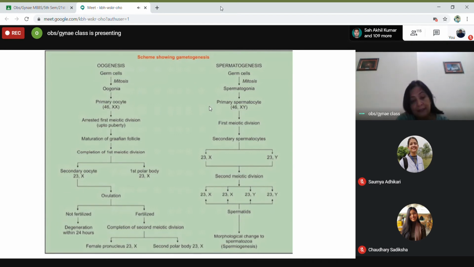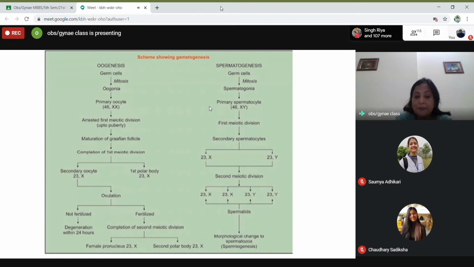At 20 weeks of gestation, there are about 7 million oogonia, and some of them start meiotic division. When they complete the prophase of meiotic division, they are called primary oocytes.